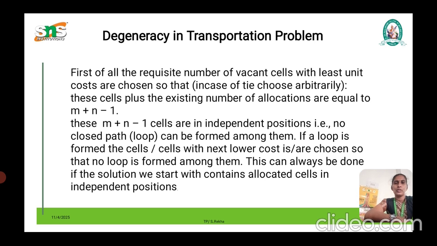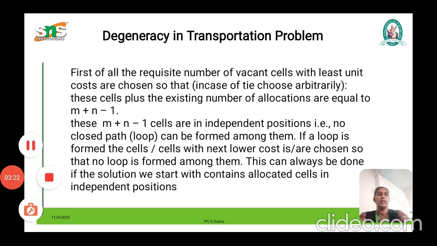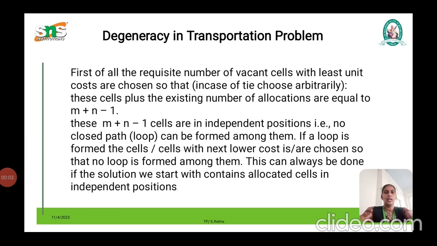If a loop is formed or a lower cost is chosen, in any cell with the lower cost we can place the value epsilon. Epsilon is a minimum value that we decide for this problem.